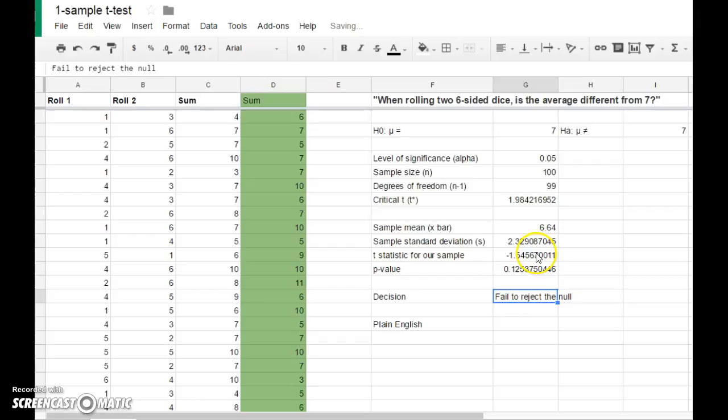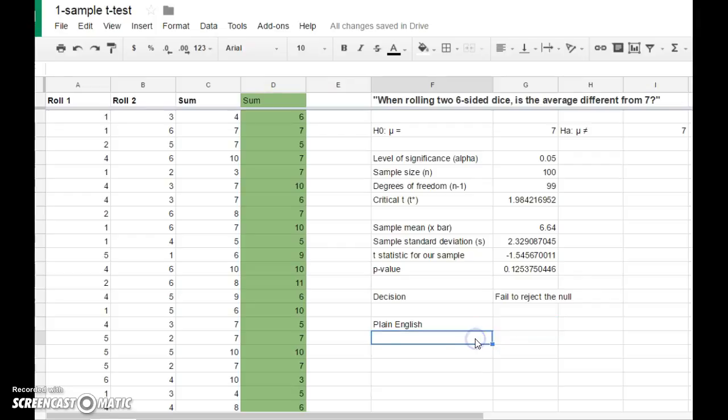We could also see that by, did we get further than the critical t? So because this is two-tail, we would have had to get higher than 1.98 or lower than negative 1.98. And in my particular case, I got negative 1.54. I did not get low enough to convincingly reject this null. So in either way, these two decision methods will always line up, by the way. In either case, I failed to reject the null.